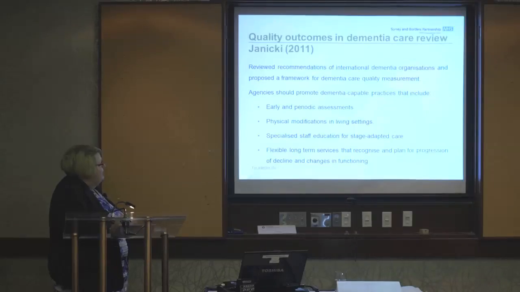And what he said is that we need a framework for good dementia care quality measurement. And the things that agencies should be promoting include early and periodic assessments, physical modifications in living settings, specialised staff education for stage-adapted care, and flexible long-term services that recognise and plan for the progression of decline and change in functioning.